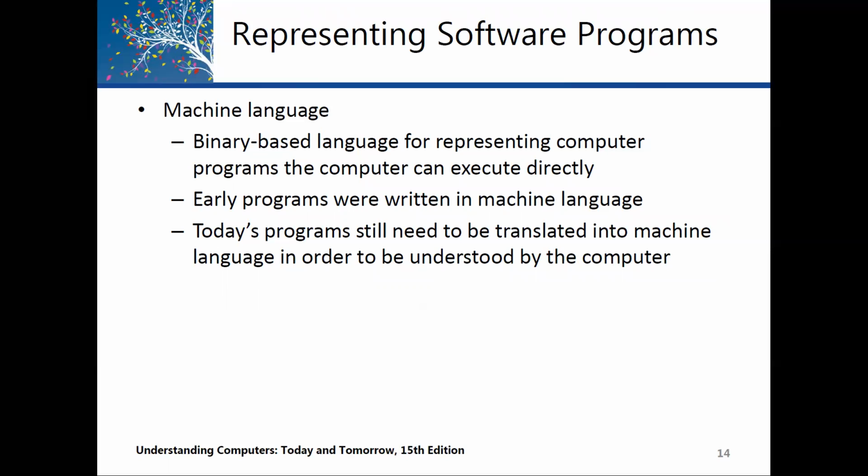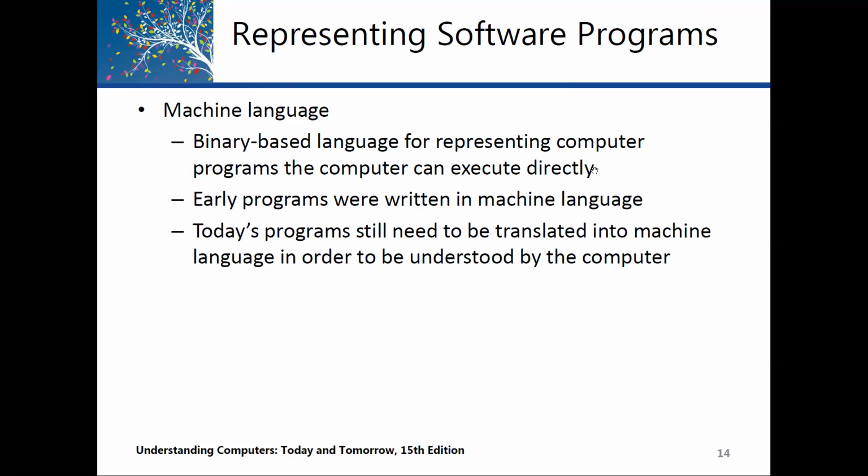And this binary format, we call it the machine language, that is understood by the computer, the language of the computer, the language of the machine. So we call the binary language the machine language: a binary based language for representing computer programs that the computer can execute directly.